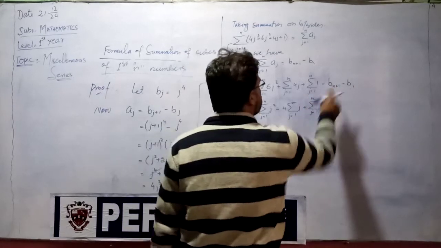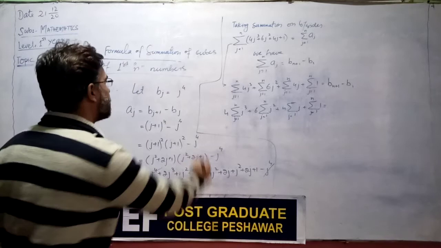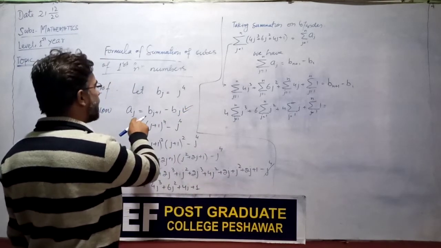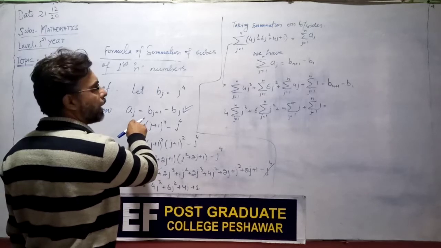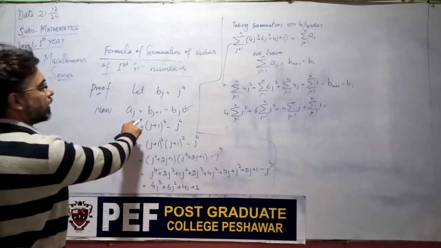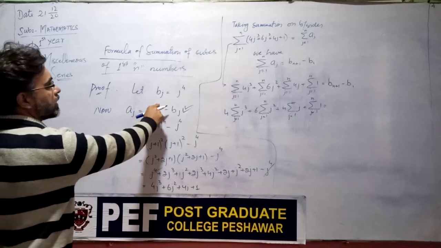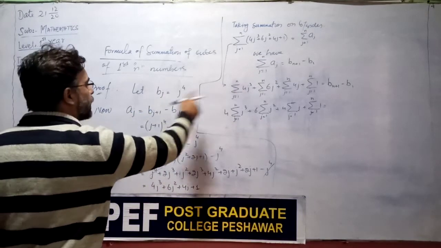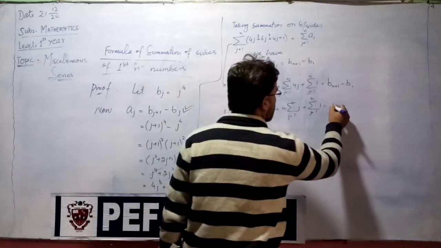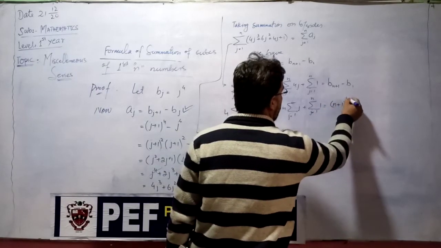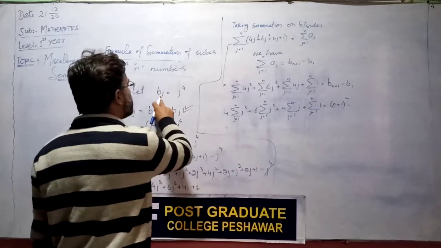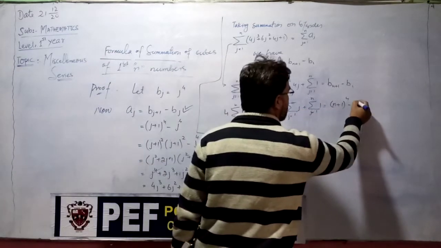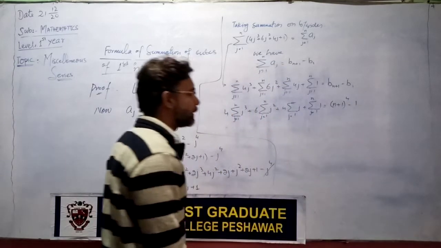And dear students, Bn+1 by this definition, when we replace j by n+1, becomes (n+1)^4. Similarly, when I replace Bj = j^4 with j = 1, I'll get 1^4, which is just 1.